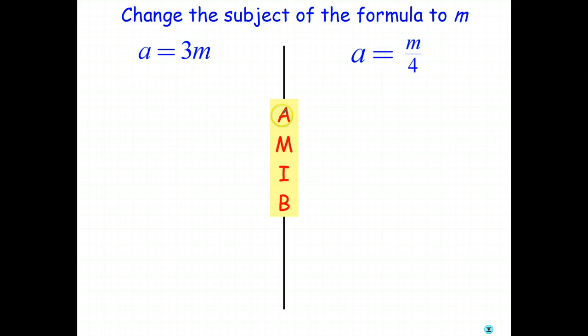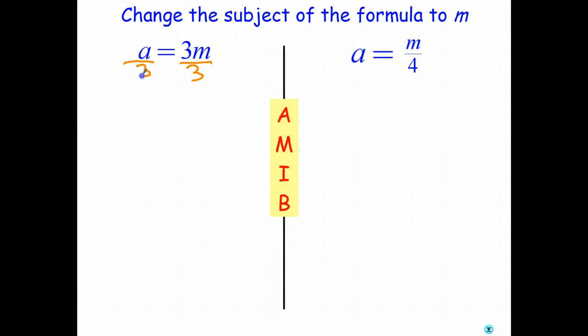This time we don't have any adding and subtracting. We've got 3 multiplied by m. If there's no operation between the coefficient and the variable, then the operation is multiplication. We don't show it because the multiply sign looks too much like an x. The opposite of multiplying is dividing.